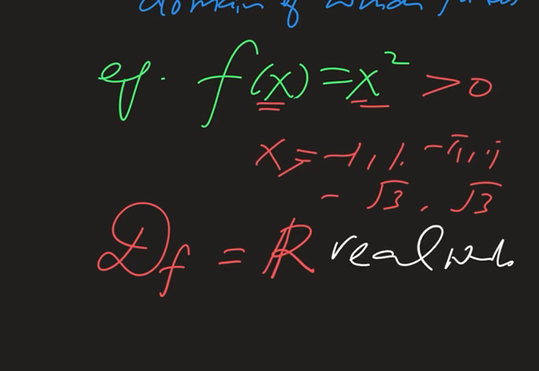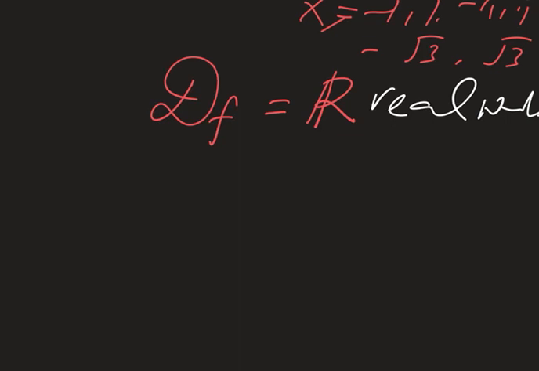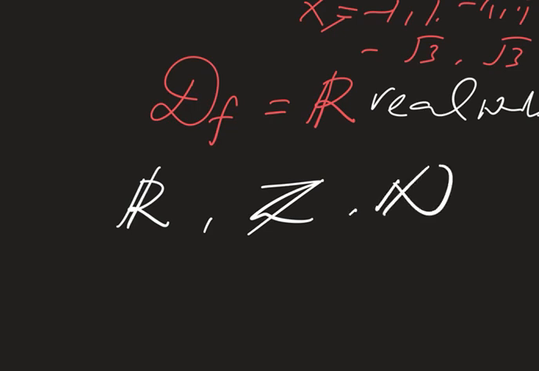So now I need to recap the number sets. Real numbers. Positive integers are Z, integers are Z, and natural numbers start from 1. Natural numbers are only 1, 2, 3, 4, 5, but Z can be Z plus, Z minus.